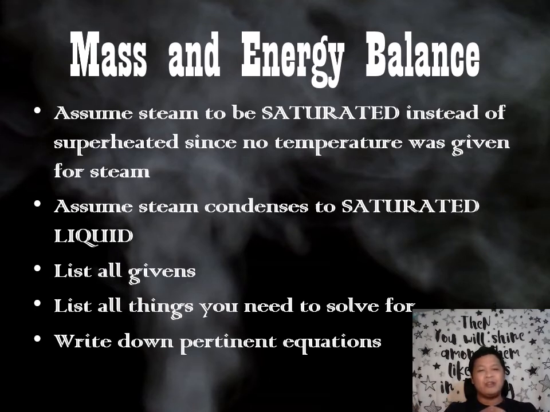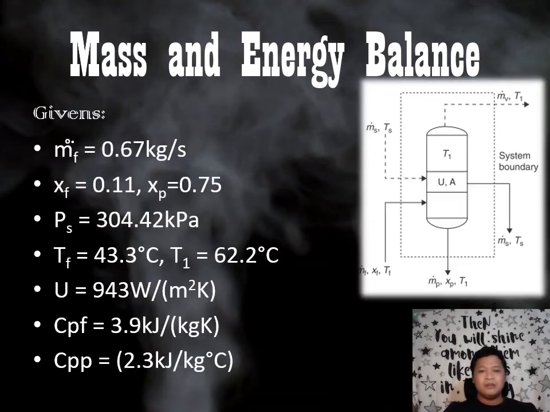Okay, so yung common sense would go a long way in trying to analyze problems like this. Anyway, in this case naman na drawing na yung process flow diagram for us, tapos andyan na rin yung mga variables, inlets and outlets, no? So we have, of course, the givens, mass flow rate of the feed, then the proportions of solids in the feed and product respectively.